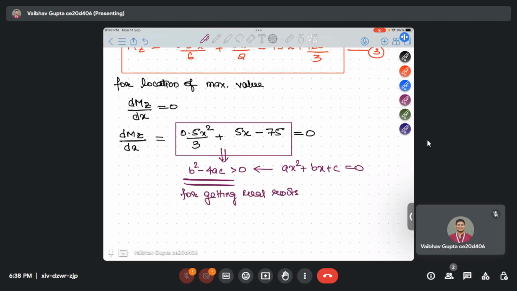But here, b square is 5 square minus 4 into 0.5 by 3 into minus 75.